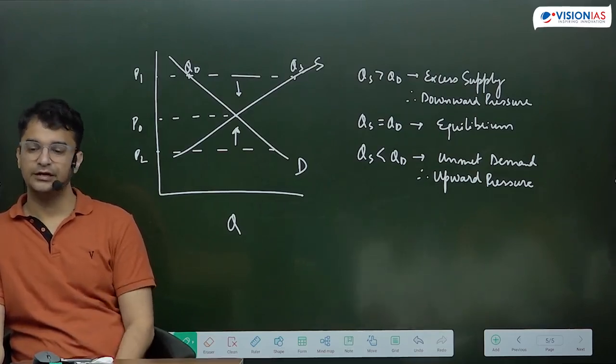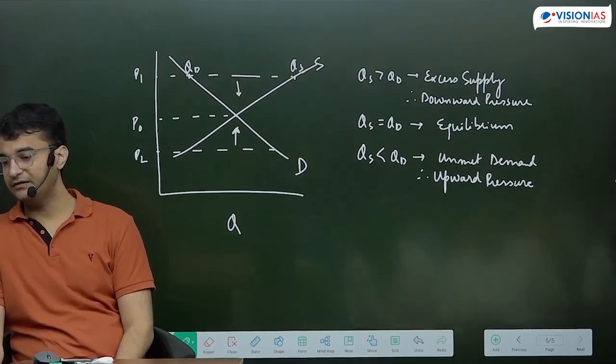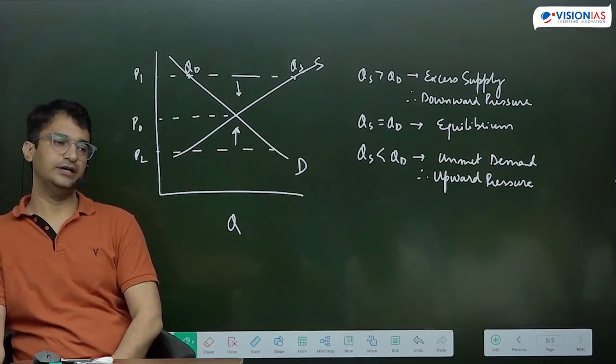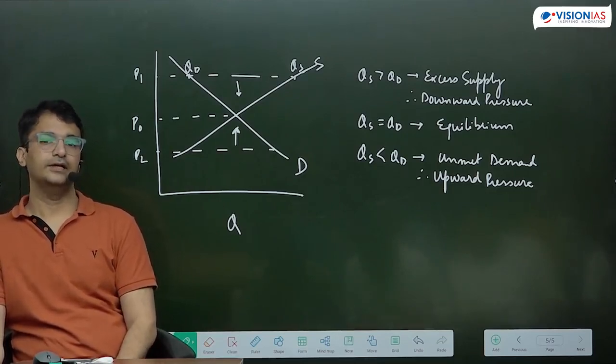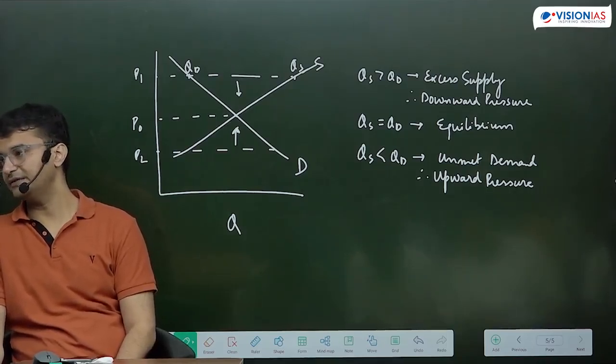Next paragraph: P0 is therefore the equilibrium price.